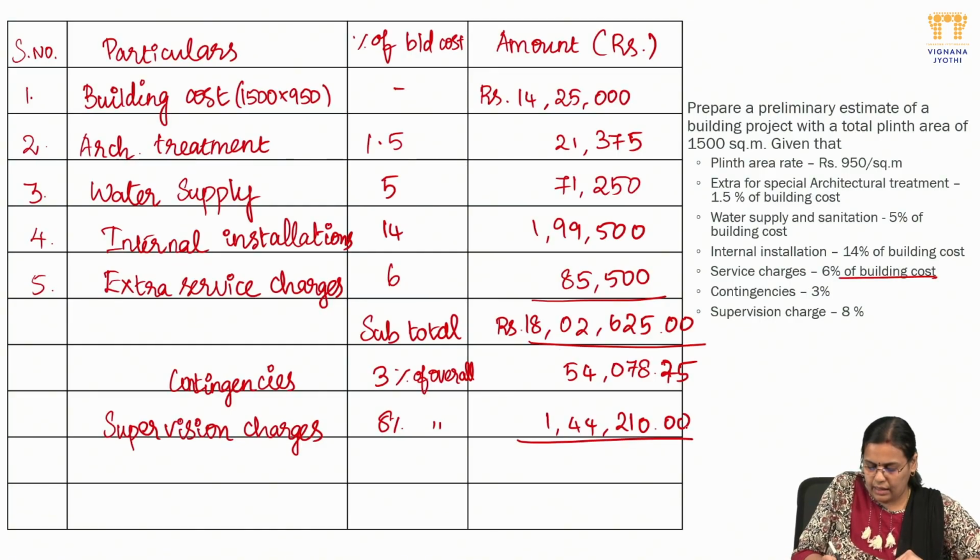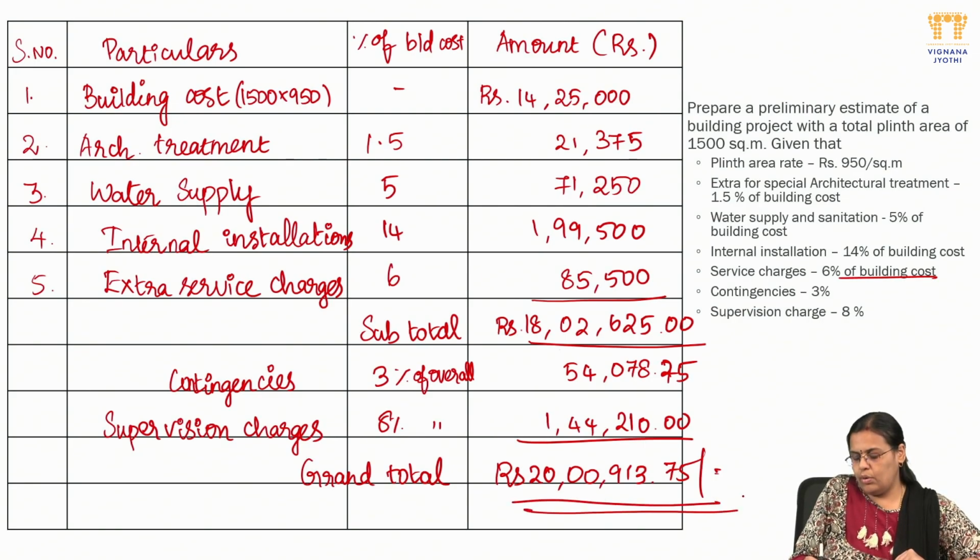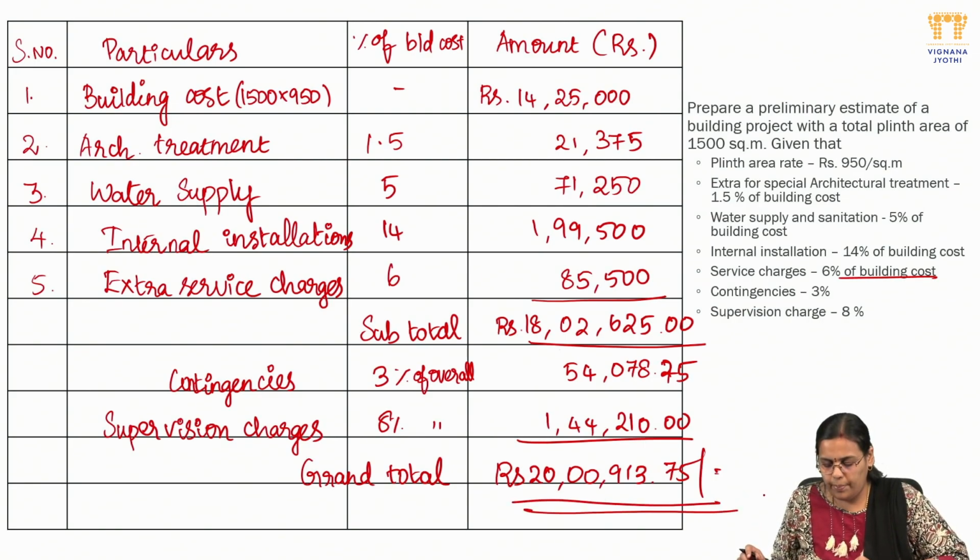So if you add all these amounts, your grand total would be around rupees 20 lakhs 913 rupees 75 paise. So this is how we can calculate the approximate budget of your project using the plinth area method.